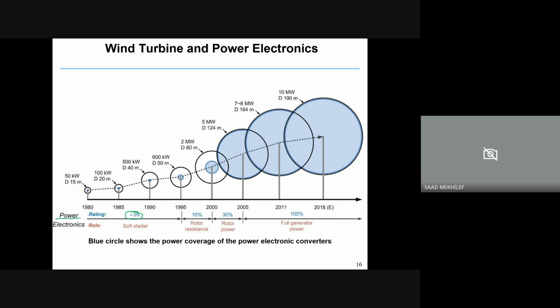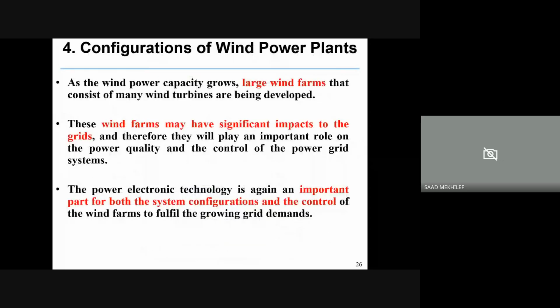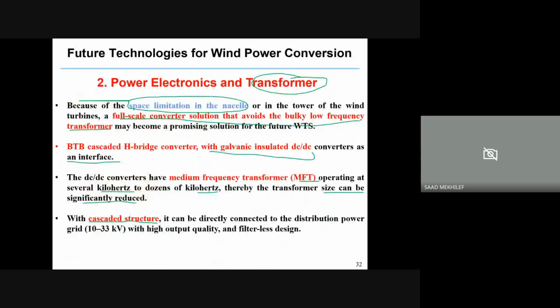Then it moved to 10%, usually used in the rotor resistance, and then rotor power. And from now onward, we are moving to almost 100% what we call power electronics driven wind turbines.